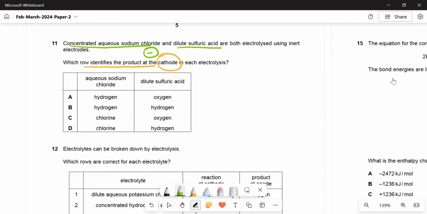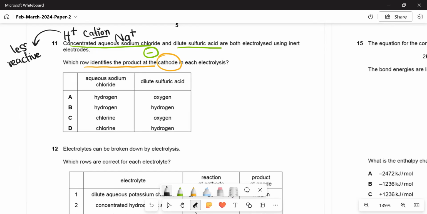For concentrated sodium chloride, it's very simple because it's an aqueous solution which gives us the H+ ion from water, and from sodium chloride, it gives us Na+. Now, when we have two different cations, the reactivity between them decides which one will discharge at the cathode.